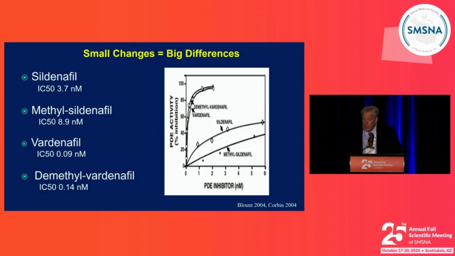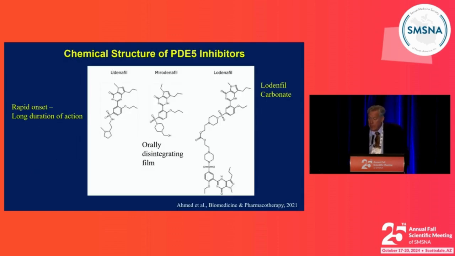This just shows that, again, small differences in these molecules can have an effect. So here's sildenafil compared to methyl sildenafil. Down the bottom, you see those 2 lines that are clearly different changes in the IC50, and up top you see vardenafil compared to dimethyl vardenafil.